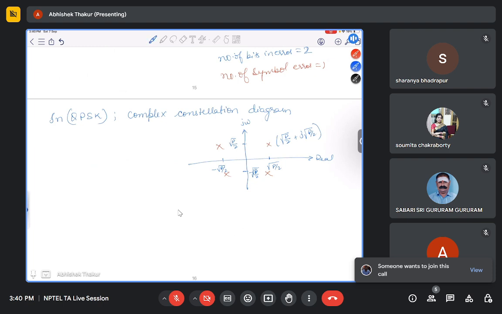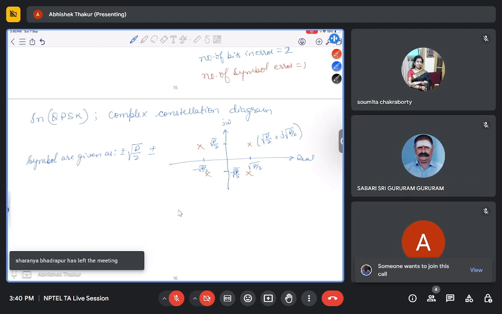Each symbol is phase shifted by 90 degrees. So the symbols are given as plus minus square root of P by 2 plus minus j square root of P by 2.